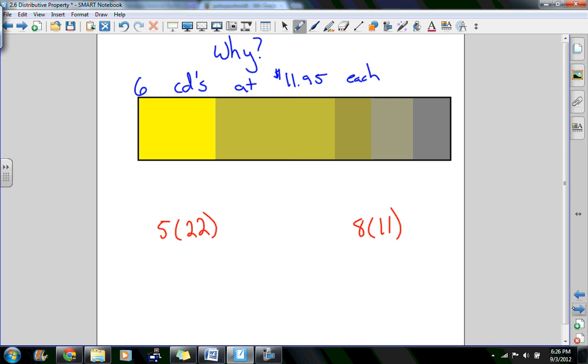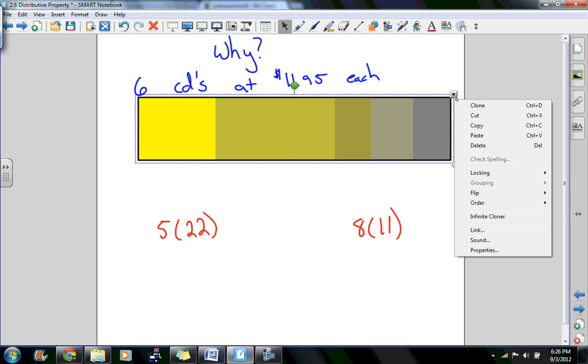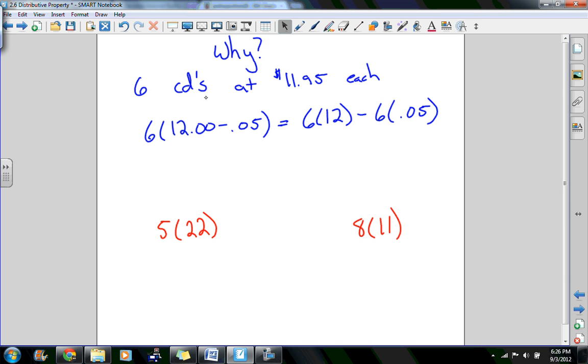Alrighty, some of you might already be asking, why do we do the distributive property? It's an estimation type problem. So we have 6 CDs selling at $11.95 each. That means that what you're actually doing in your mind is you're going to go 6 times 12, and then you're going to subtract the 6 times the 5 cents here.